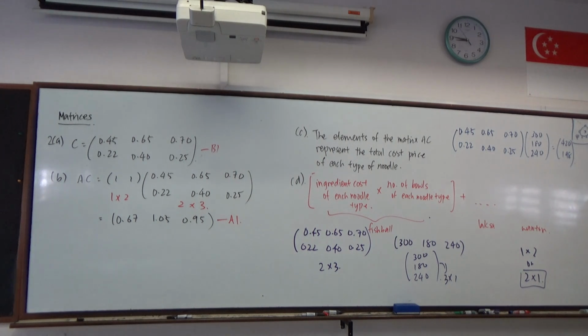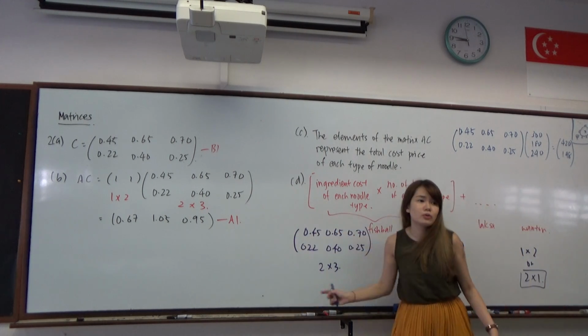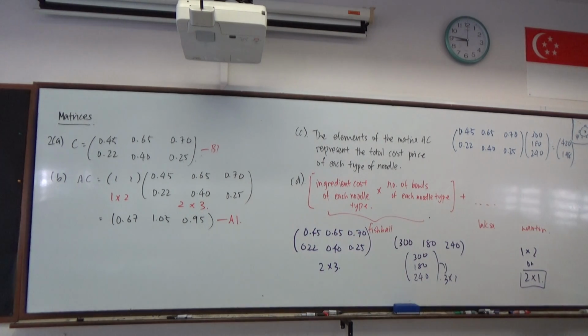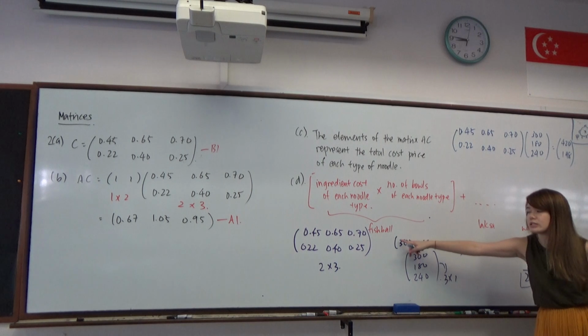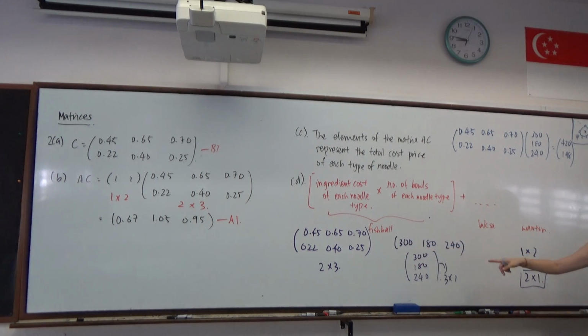There are just very few of you who decide to change this matrix to another different order, which is perfectly fine. Then if you use this matrix instead to do your multiplication, your answer still remains the same, which is allowed. You understand what I'm saying? Any questions?